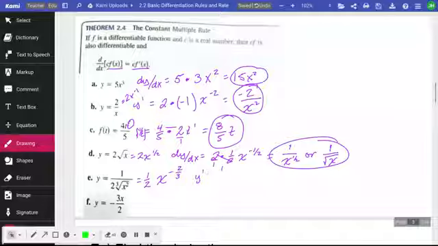But y prime is equal to 1/2 times negative 2/3. Put my negative multiplications into parentheses. Helps me make sure I don't make silly mistakes. And then x to the negative 2/3 minus 1. So negative 2/3 minus 3/3, so negative 5/3.